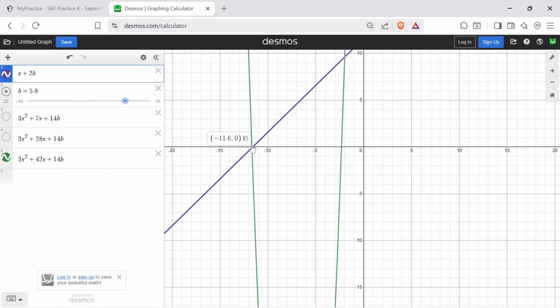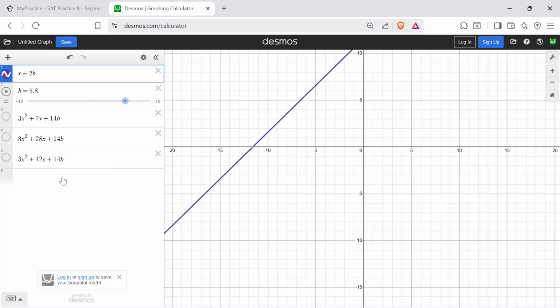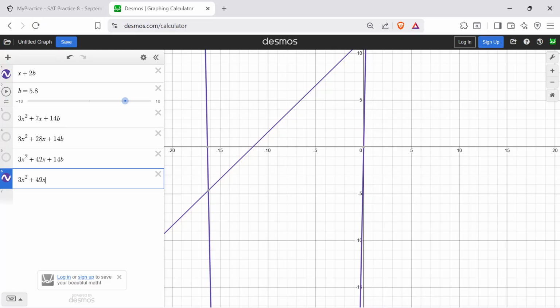Negative 11.60, but that's b is 5.8. That is not a positive integer. It's a positive number, but not a positive integer. So C is out.